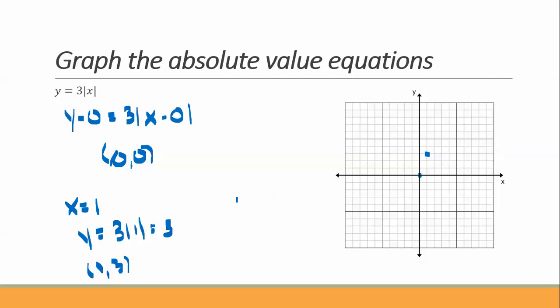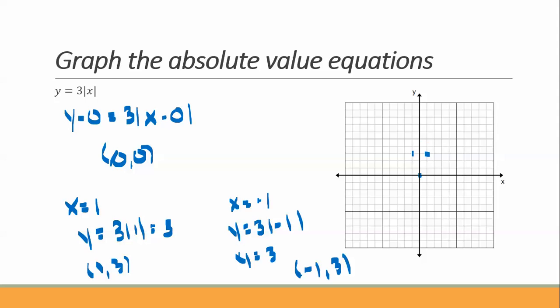And then let's try x equals negative 1. We have y equals 3 times the absolute value of negative 1. So that's y equals 3 times 1, which is 3. So another point is negative 1, 3.